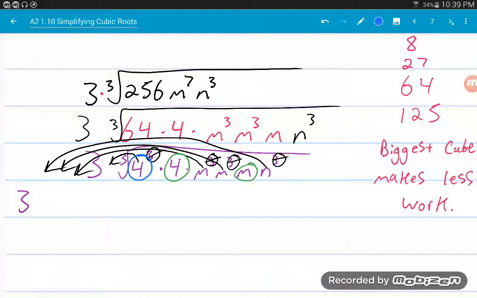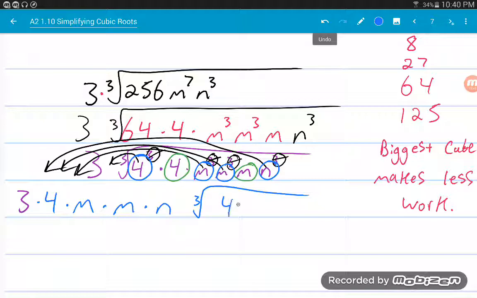We brought out this 4, so 3 times 4. We brought out this m, so times m. Brought out this m, times m. We brought out this n. Who's stuck underneath? Just this guy and this guy. So underneath the cube root, there's going to be 4m.